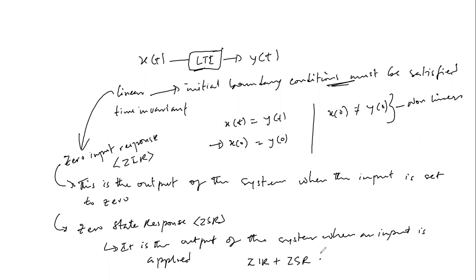So far, you will realize that the input and outputs are functions of time. Okay, so they're functions of time. But in practice, systems are easier to analyze when inputs and outputs are represented as functions of frequency.